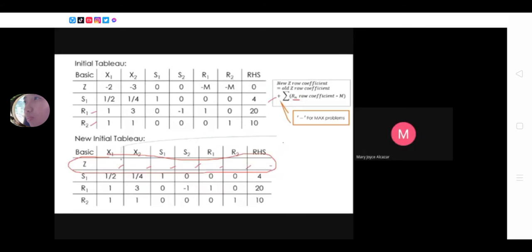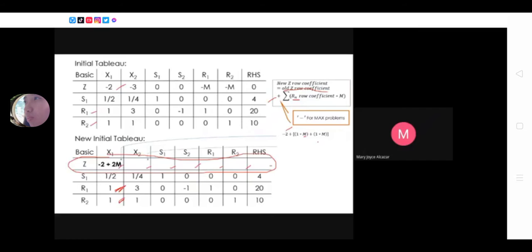For example, the value that you will place under x1 is the old zero coefficient, which is negative 2, plus the summation of the Rn row coefficients, so R1 times M plus R2 times M. Simply, the equation is negative 2 plus 1 times M, where 1 is the R1 row coefficient, plus the R2 row coefficient, also 1, times M. The resulting value is negative 2 plus 2M.